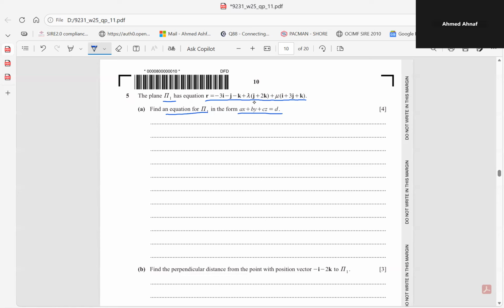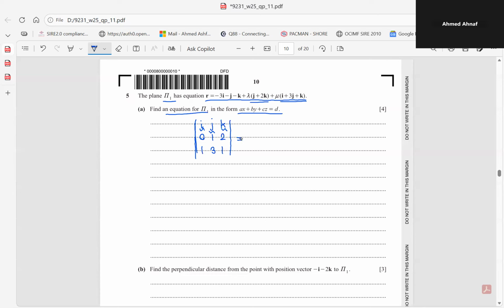So we're already given for this plane, which is this and this. Okay, so let's take I, J, K. We just have to take the cross product of those two direction vectors to find our normal vector to the plane. So you have J plus 2K, which is just 0I plus 1J plus 2K. And then you have I plus 3J plus K, which is just 1, 3, 1.